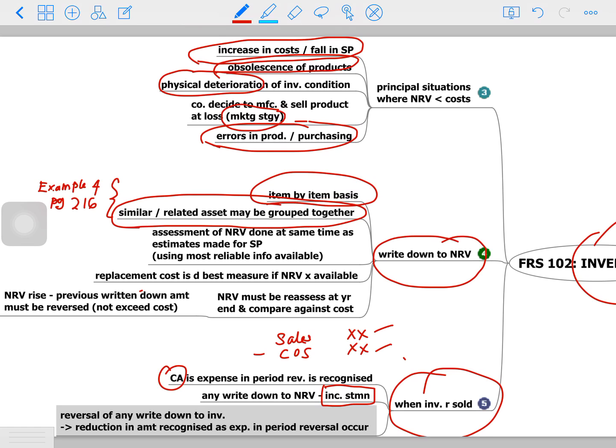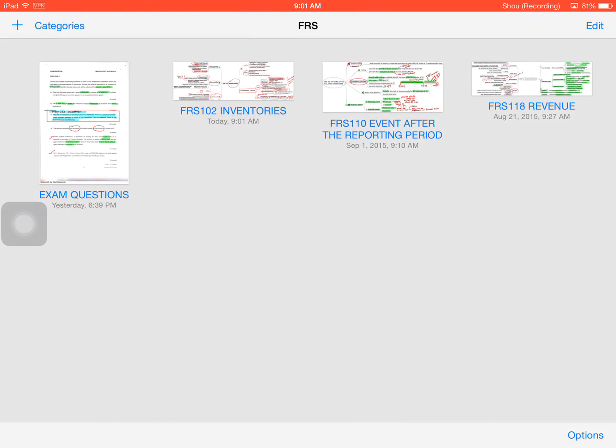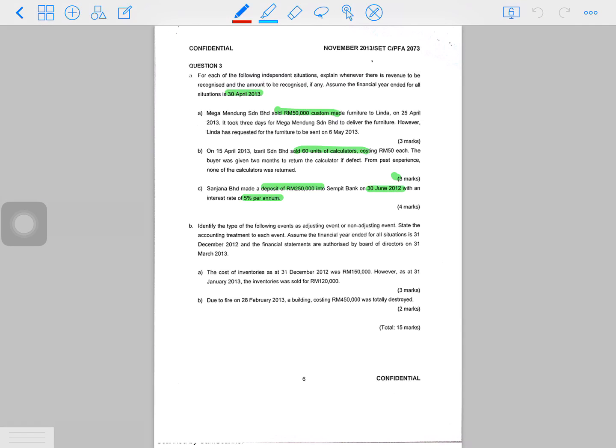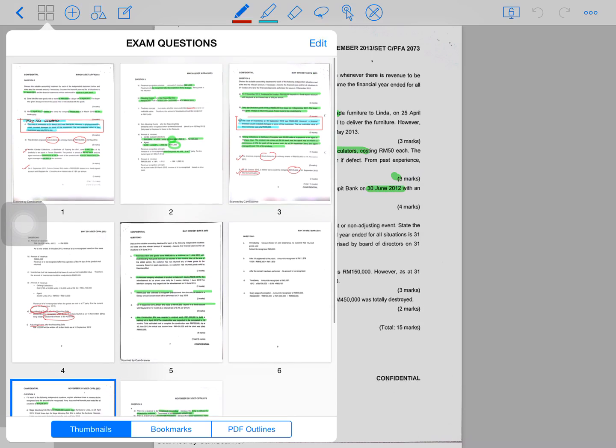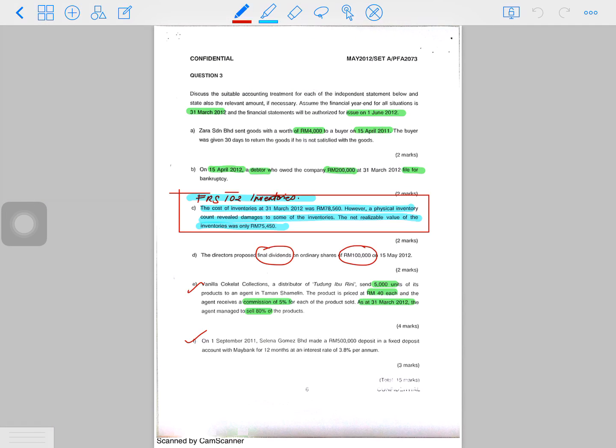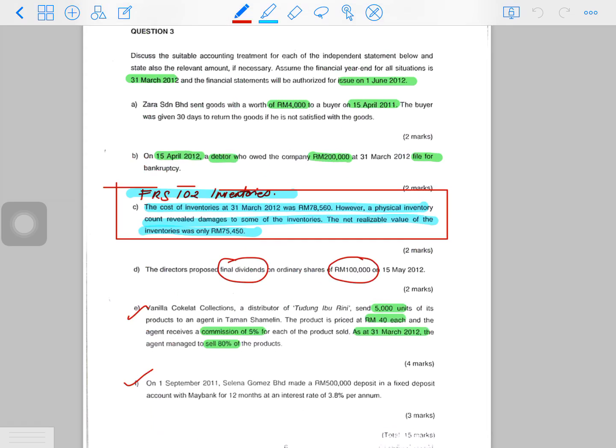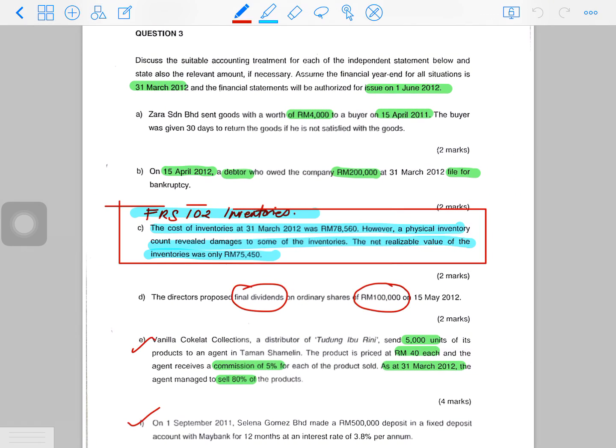Okay, so let's take a look at a final exam question. Normally the question will ask you, for example here, in question number 3. Question number 3 will come out as either FRS 110 events after the balance sheet date, or revenue, or inventories. So here it has inventories. The first question, A, is revenue. This question is revenue recognition.